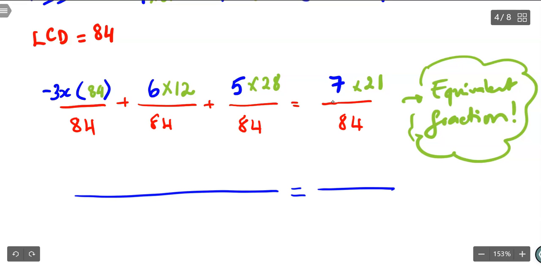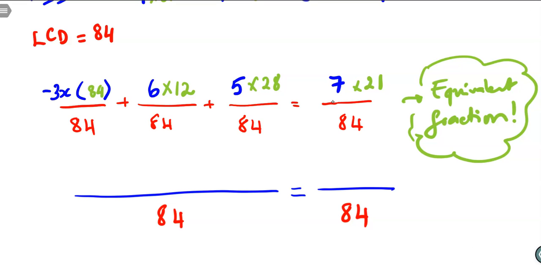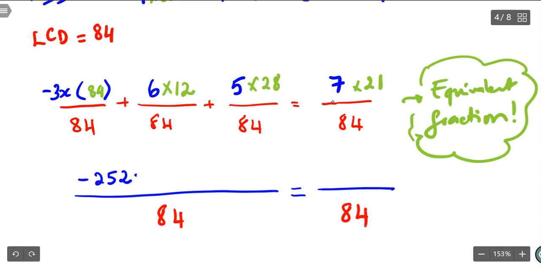the 84 stays the same. On the top, I should have negative 252x. Then I add that with 72, I add that with 140.